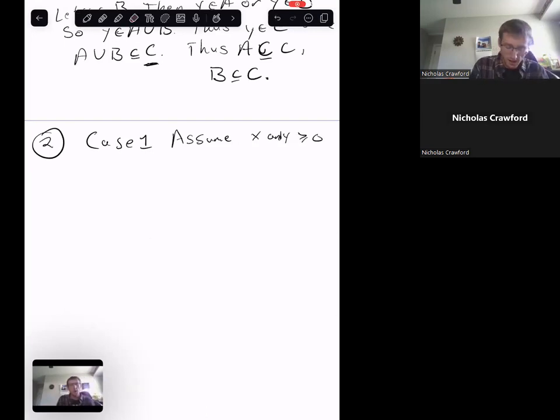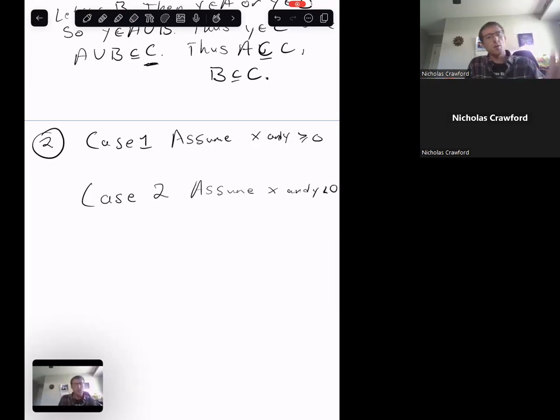So they're both non-negative. That's fine. Case 2 is where you assume X and Y are both less than 0. So they're both negative. You have to see what happens.